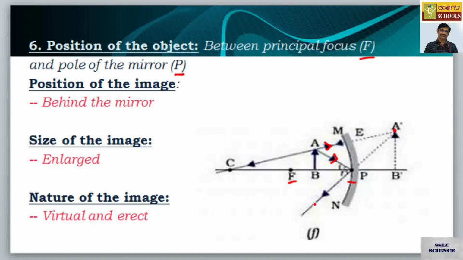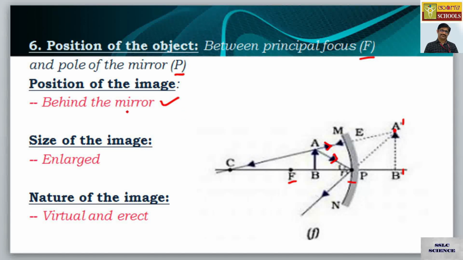Again, if you bring this back, you will get the intersecting point at this portion. So if you redraw this, you will get the image A dash and B dash here. So the position of the image when you bring the object between F and P, the image should set behind the mirror.